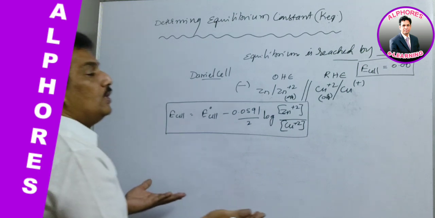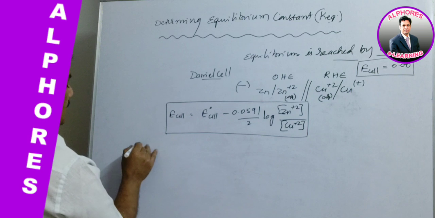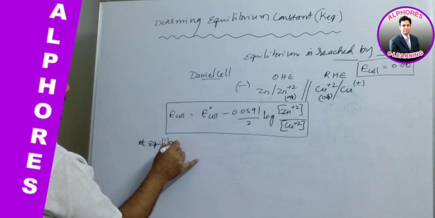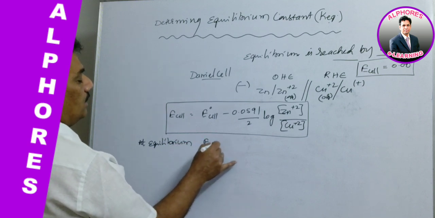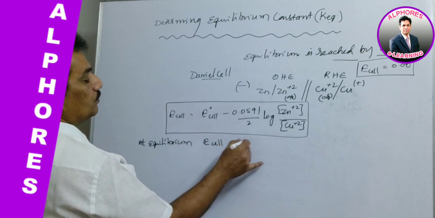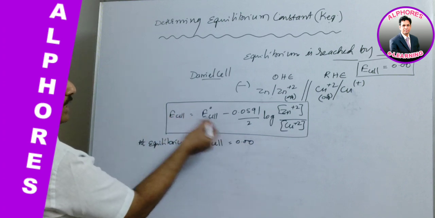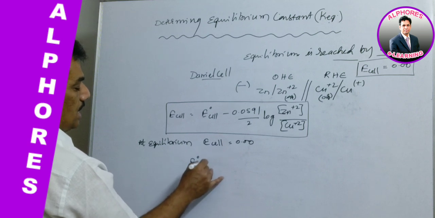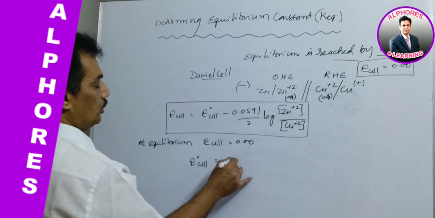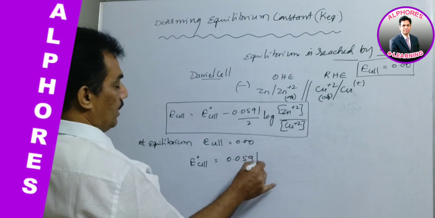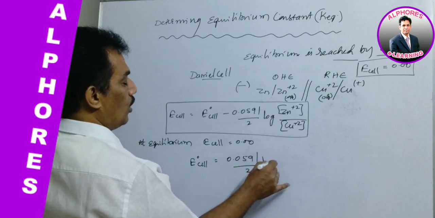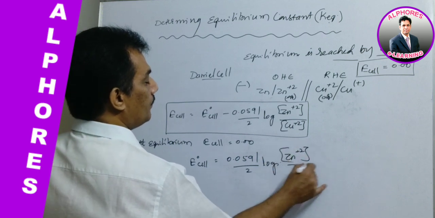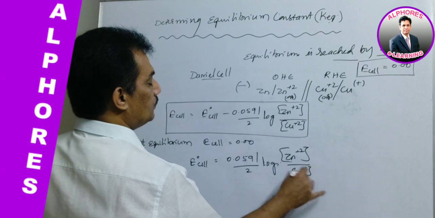And now, as we know, at equilibrium E cell becomes 0. So when it is 0, we can consider this side. Now E naught cell is equal to 0.0591 by 2 log Zn+2 by Cu+2.